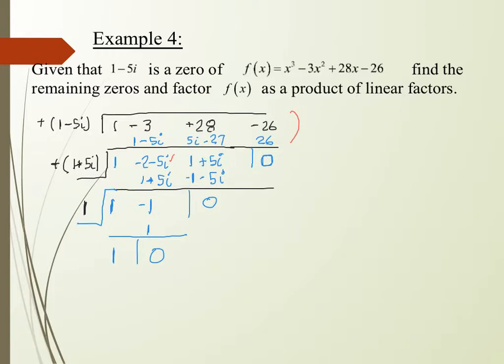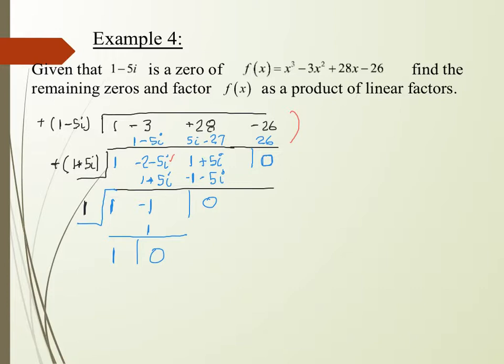Now, since we know that the conjugate of the 0 is also a factor, we will divide through by 1 plus 5i. When we do that, we bring down the 1, we get a 1 plus 5i, and so now we have a negative 2, and we add it to 1 and we get a negative 1.